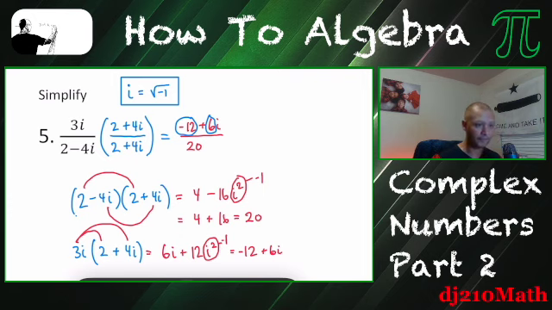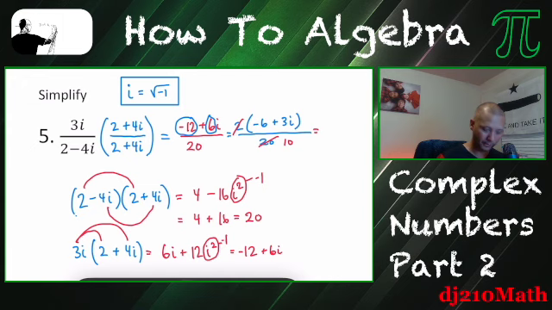However, I'm going to factor out a 2 from the top, and then it's going to cancel with the number in the bottom. So watch what I'm saying. I'm pulling out a 2. What's left behind? -6 plus 3i over 20. And now the 2 and the 20 cancel. So final answer: -6 plus 3i over 10.